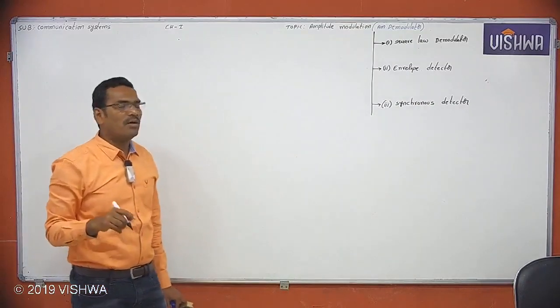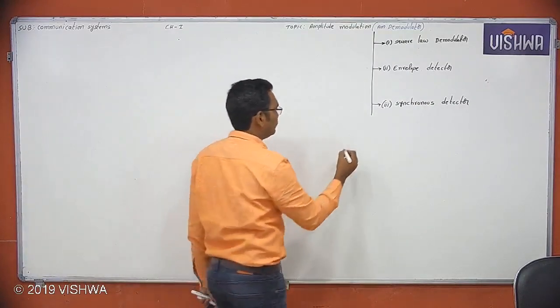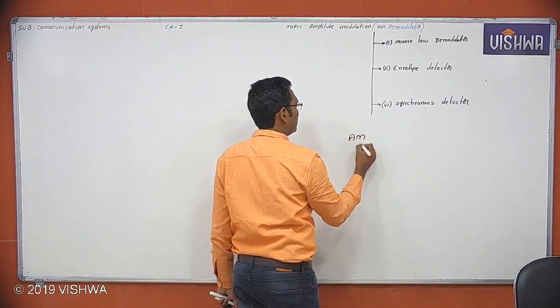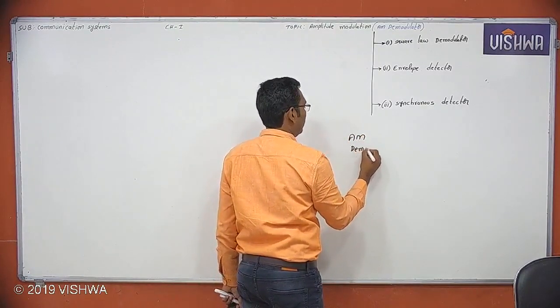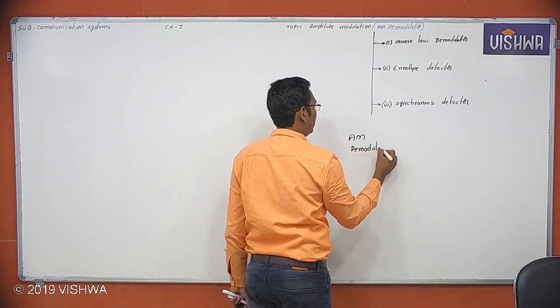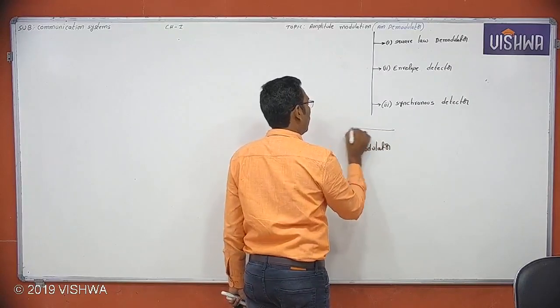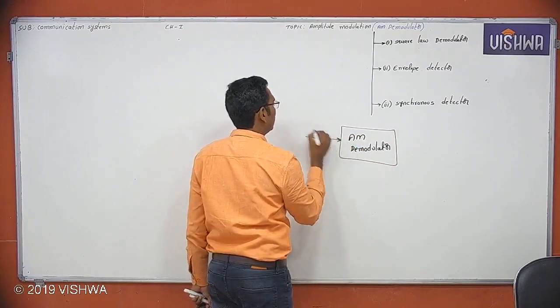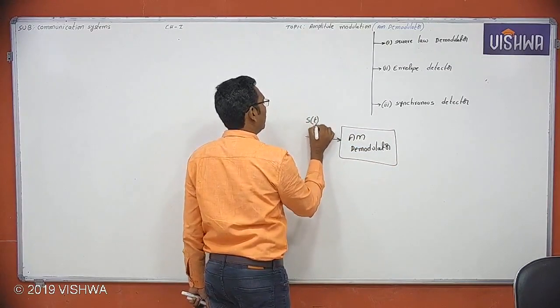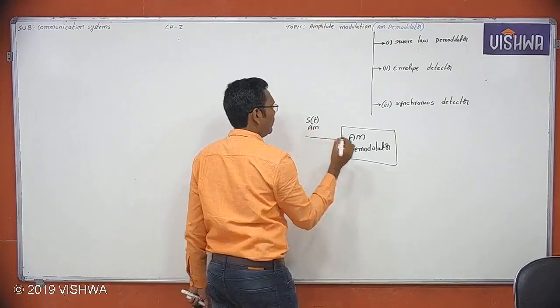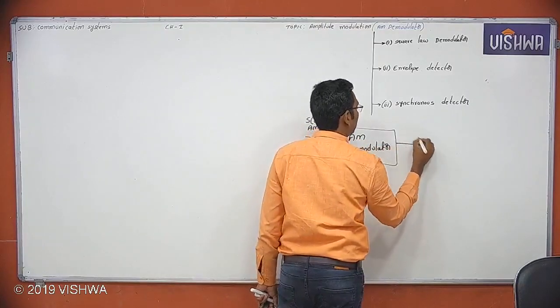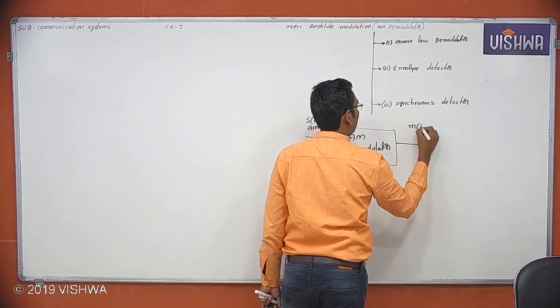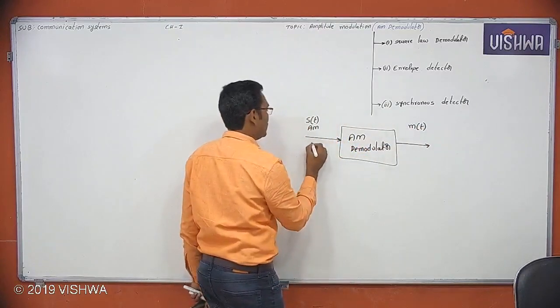For all the demodulators, one simple way I will explain this. What is a demodulator? For all the demodulation techniques, the input is a modulated signal, an amplitude modulated signal. What we expect as the output is the information signal, which is nothing but the message signal.